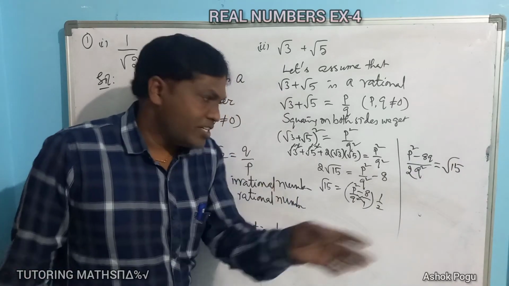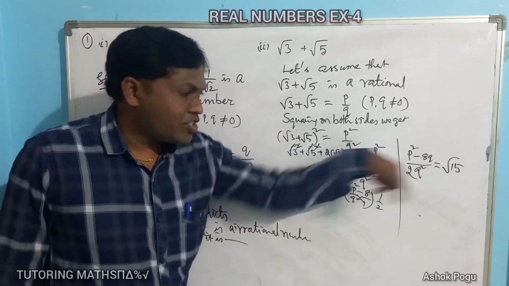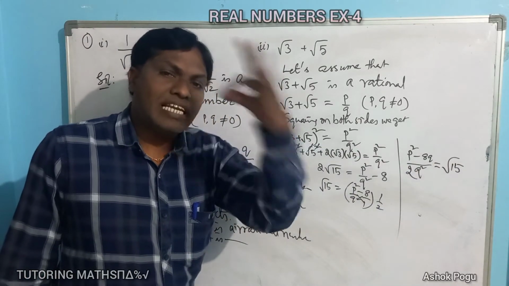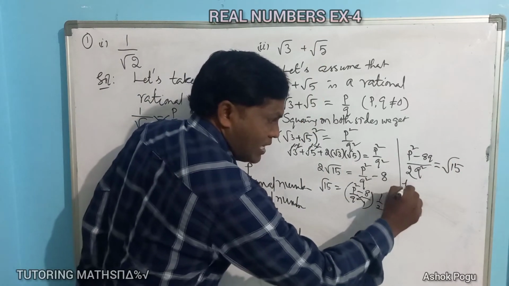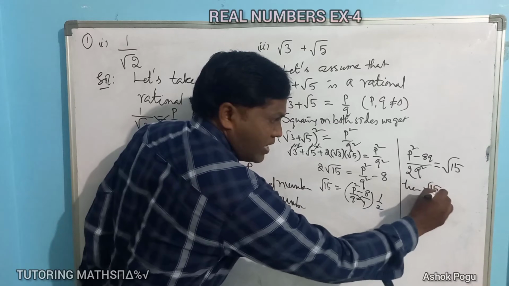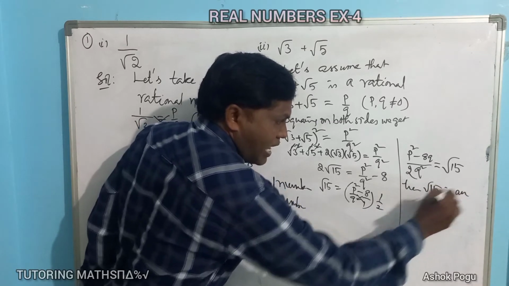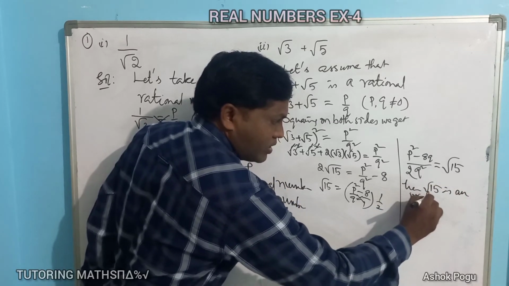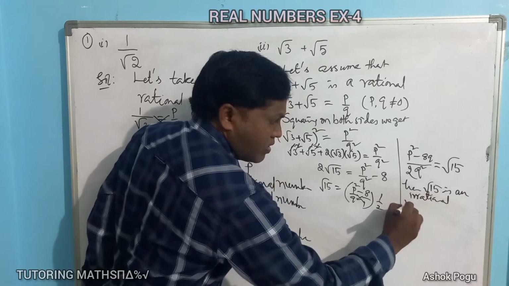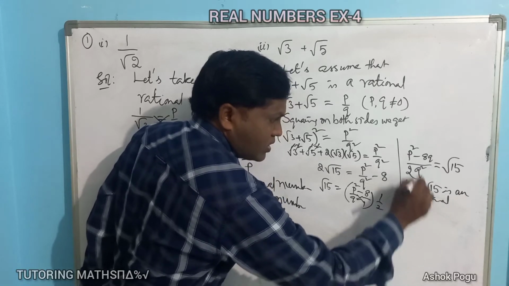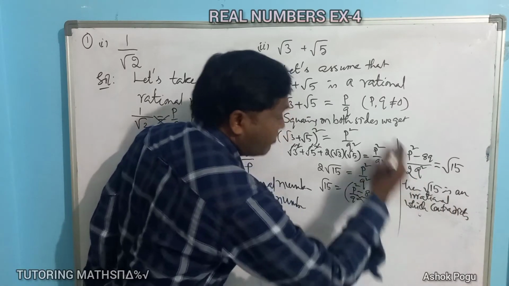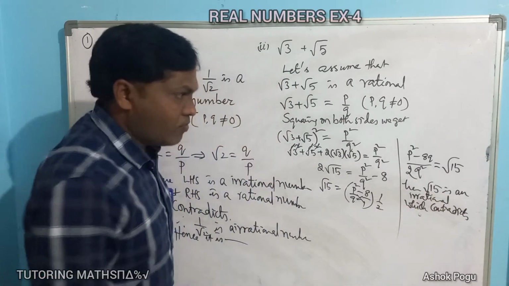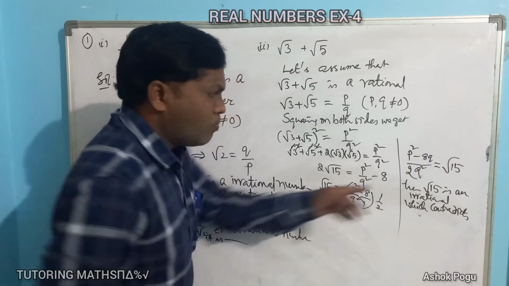But observe, my dear students, here LHS is in a fractional form, but RHS is clearly an irrational number. You can say that here root 15 is an irrational number, which contradicts. So therefore, p square minus 8q square by 2q square.